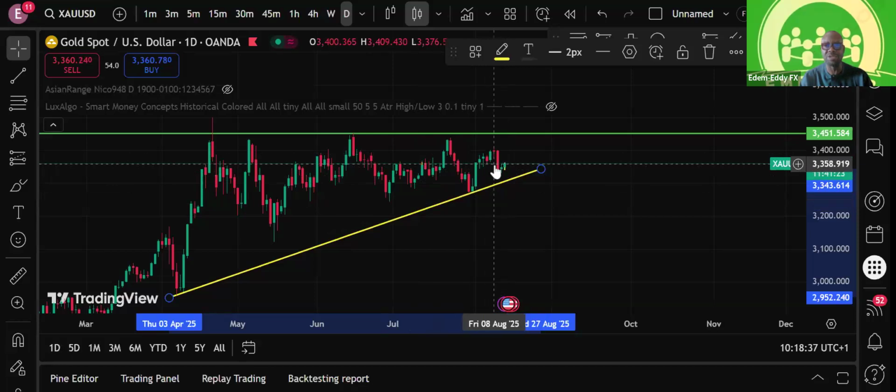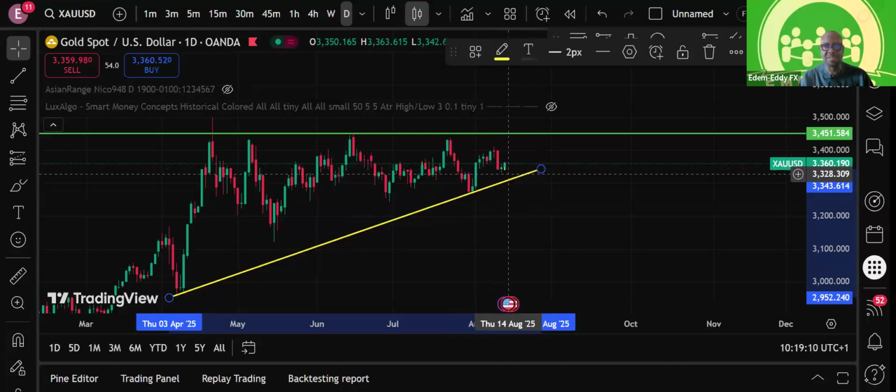As you can see, on Monday there was that impulsive bearish candle, the red one. That shows that the market generally on Monday was bearish. Then yesterday it tried to push, and on Tuesday and today the market is also struggling to push upward.